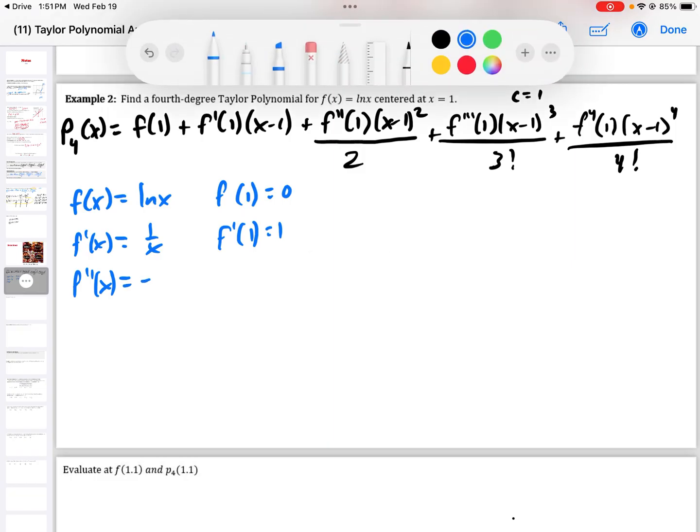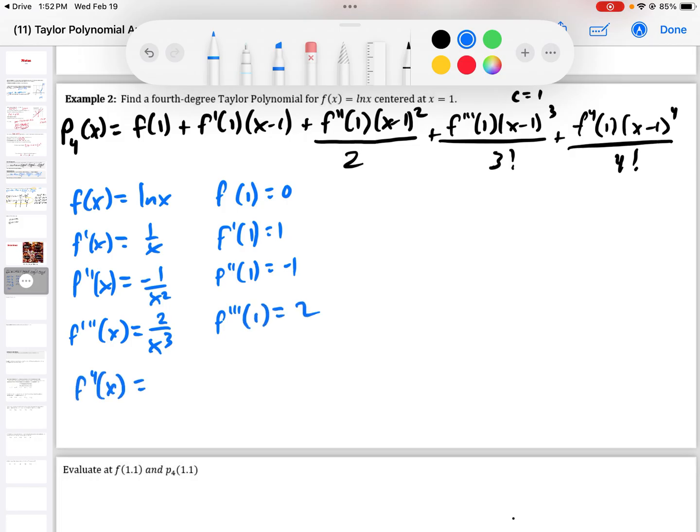The second derivative would be negative x to the negative 2, so negative 1 over x squared. So the second derivative evaluated at 1 would be negative 1. The third derivative is 2 over x cubed. Evaluated at 1 would be 2. Fourth derivative is equal to negative 6 over x to the fourth. Evaluated at 1 is negative 6.